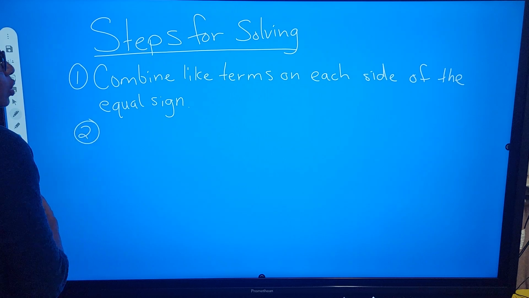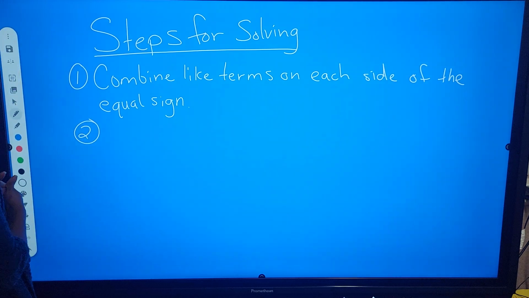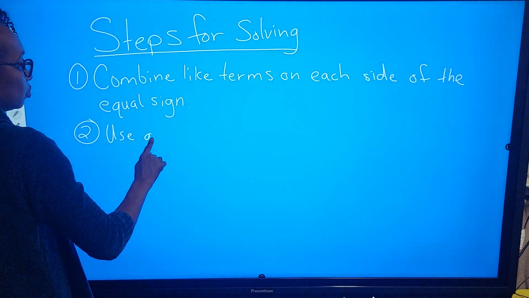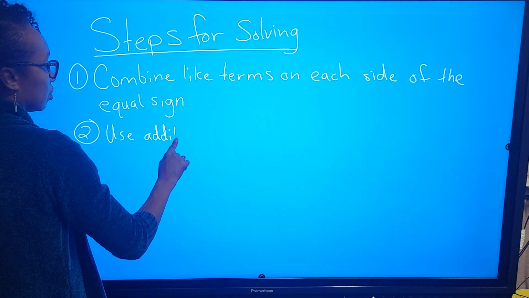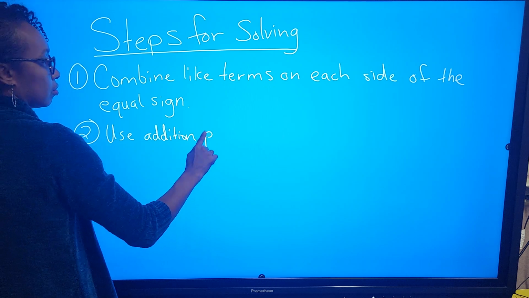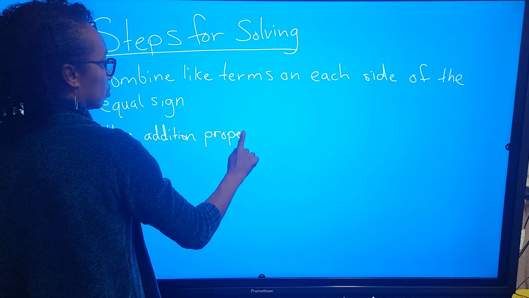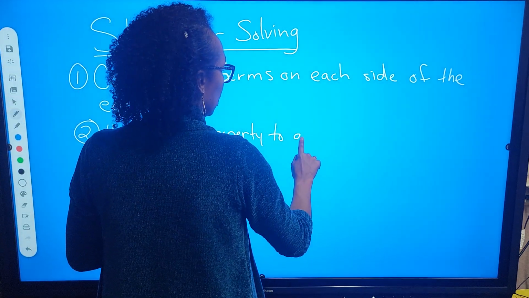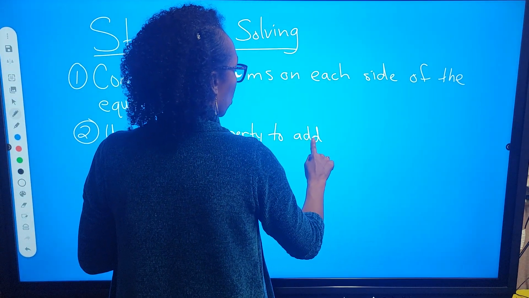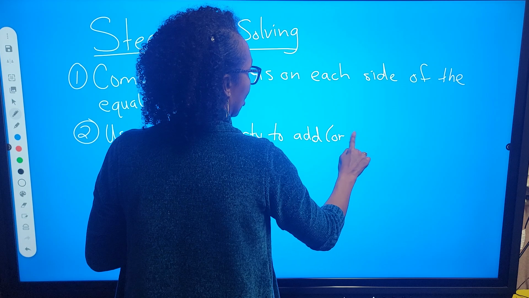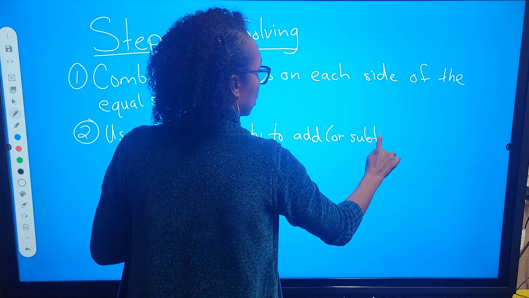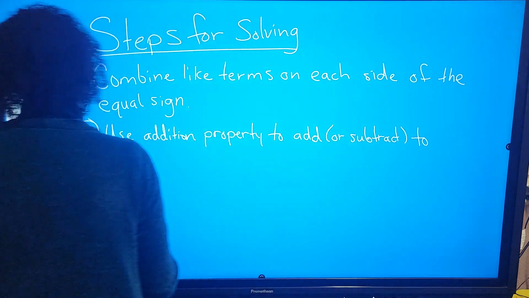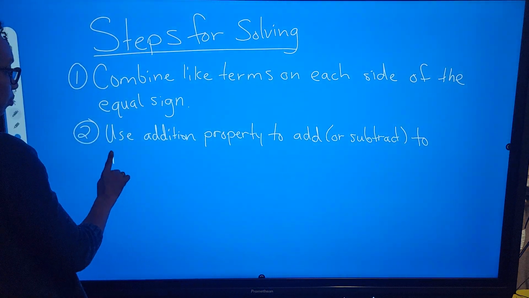Once I've combined like terms on each side of the equal sign, next I will use the addition property of equality to, remember we can use it to either add or subtract, to isolate the variable term.